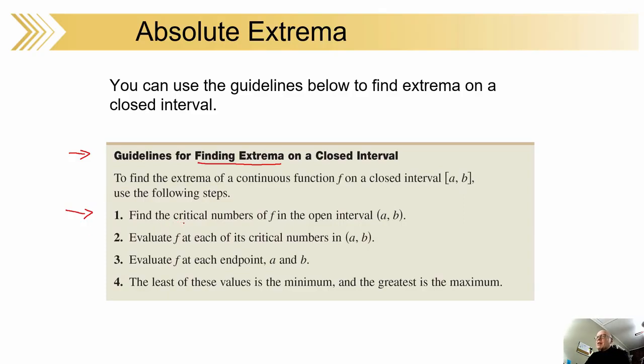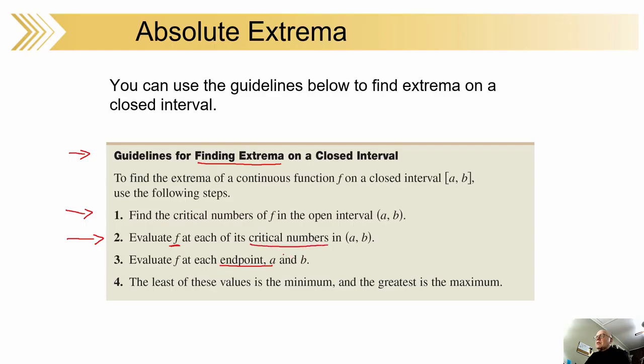That's going to split the number line into several different sections or intervals. In each one of those intervals, you're going to grab a test point of your own choosing, evaluate what f is at those critical numbers. Also evaluate it at the endpoint.